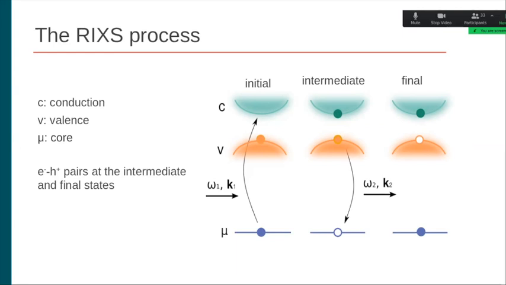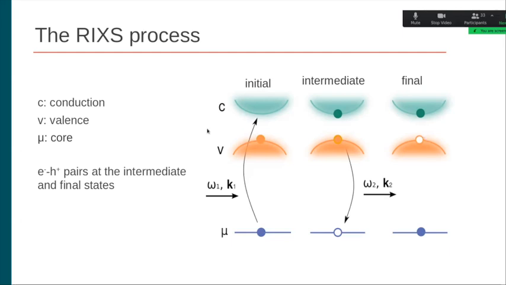As I mentioned before, we tune the energy of the incoming photon to a specific state that we want to study in our sample, which I call mu. We therefore excite it to a conduction state, and we create this intermediate state with a core hole that is very unstable, so it has a very short lifetime. As a result, there is a relaxation of a valence electron to fill this core hole, and we end up in a final state, which is also an excited state.